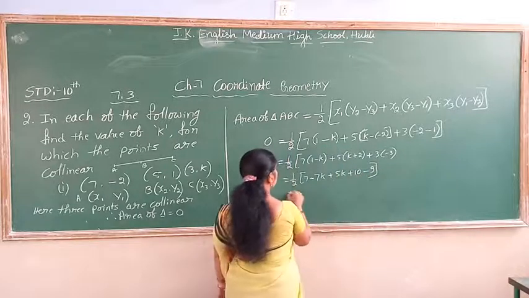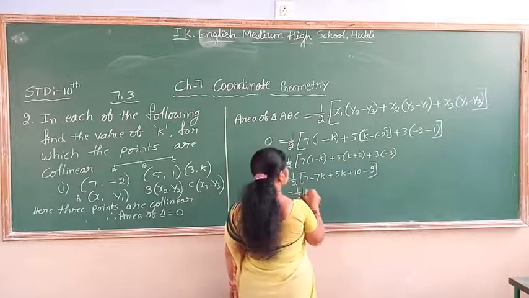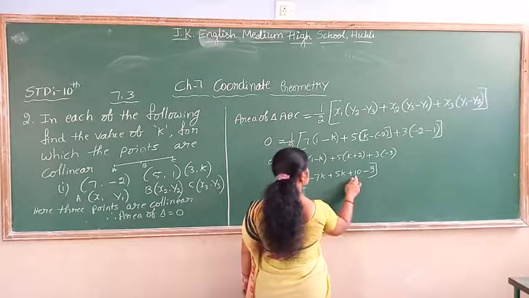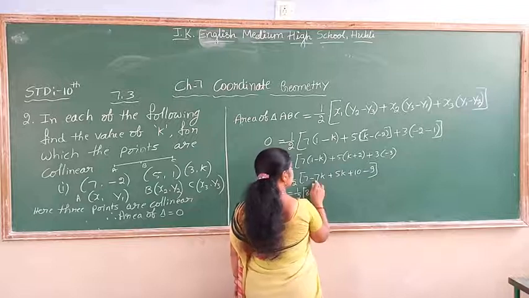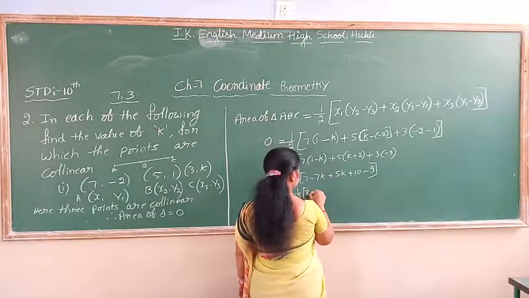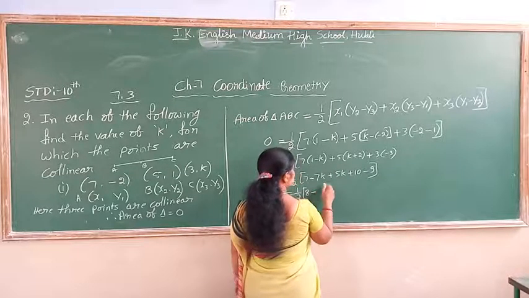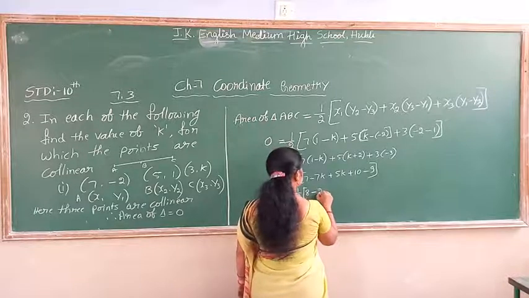Simplify now: 10 minus 9 is 1, 1 plus 7 is 8. Minus 7k, plus 5k, so minus 2k it becomes then.